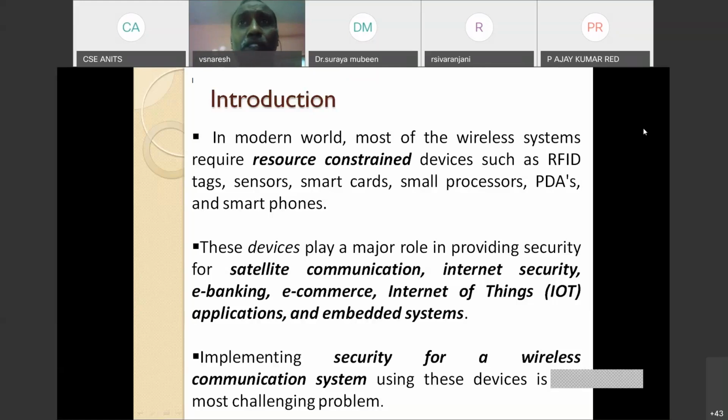Because if three people are there, the computation to find a group key between three persons is less. But if you want to find a group key between 1,000 members, the computation should be more. If it is 1 lakh, it is beyond. So we have to resolve the problem for large wireless networks.